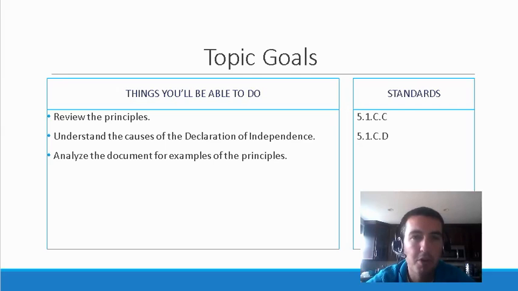What that means is you're going to be able to look at the actual Declaration of Independence and find examples of the 3 principles, liberty, justice, and equality, being violated. You're going to look for examples of things the king did that went against liberty, things the king did that went against justice, and things the king did that went against equality.